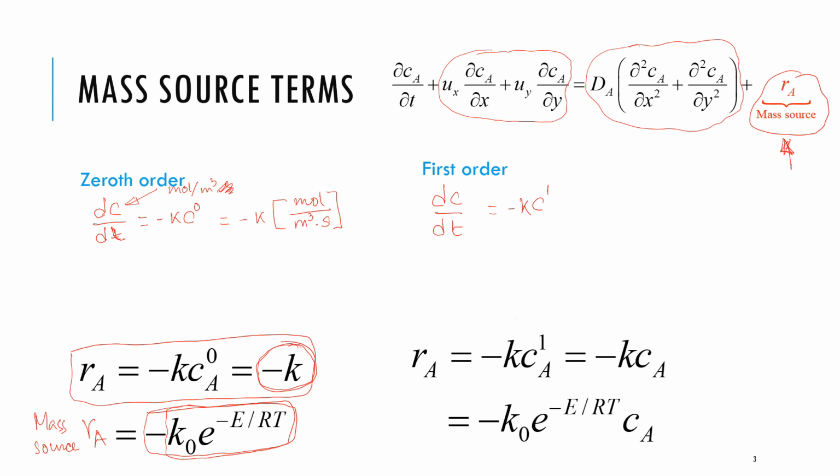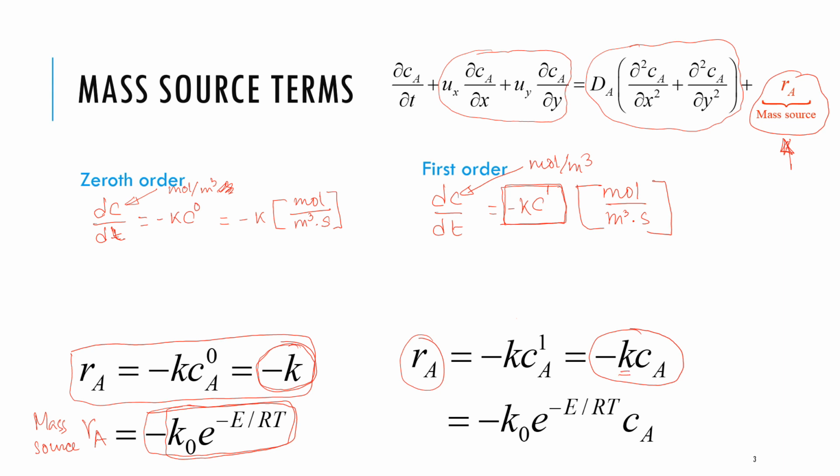And again, the unit for this whole term is still going to be moles per meter cube per second, because concentration is in moles per meter cube. So then it is this that is my source term. So this R_A, the mass source, is equal to minus K times C_A.